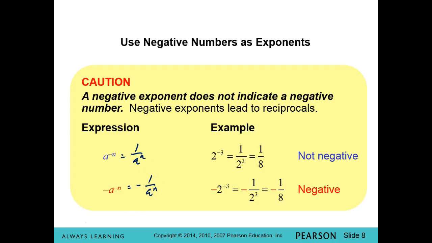You move the base downstairs, lose the negative exponent, and that minus sign stays in front. So what would this one be? 2 to the minus 3 is 1 over 2 cubed. And what is 2 cubed?